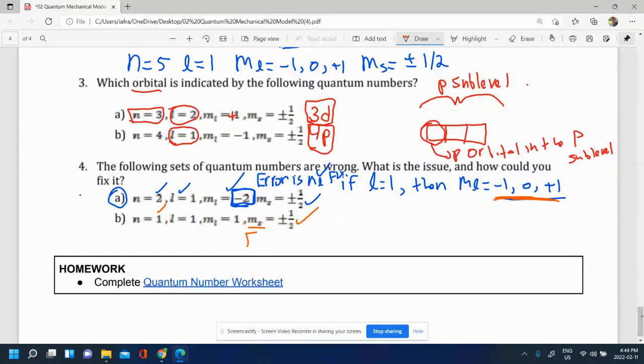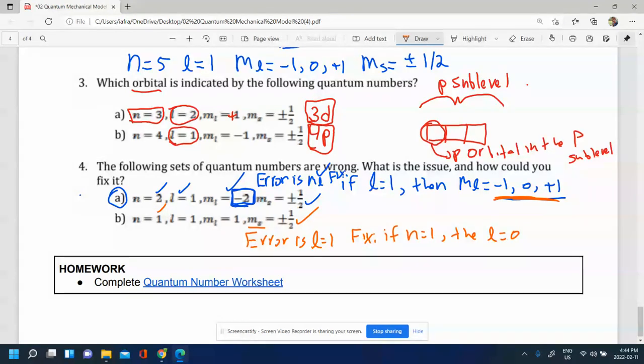So the error is L is equal to 1. The fix, we have to change the L to 0, right? So the fix is if n is equal to 1, then L can only be 0.